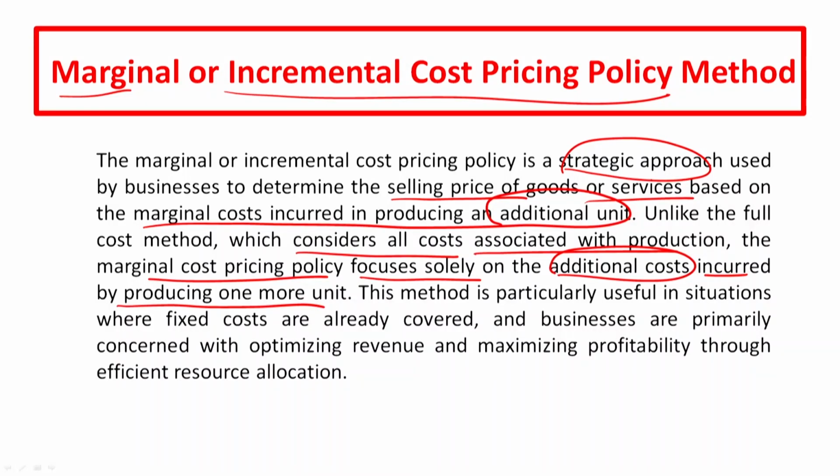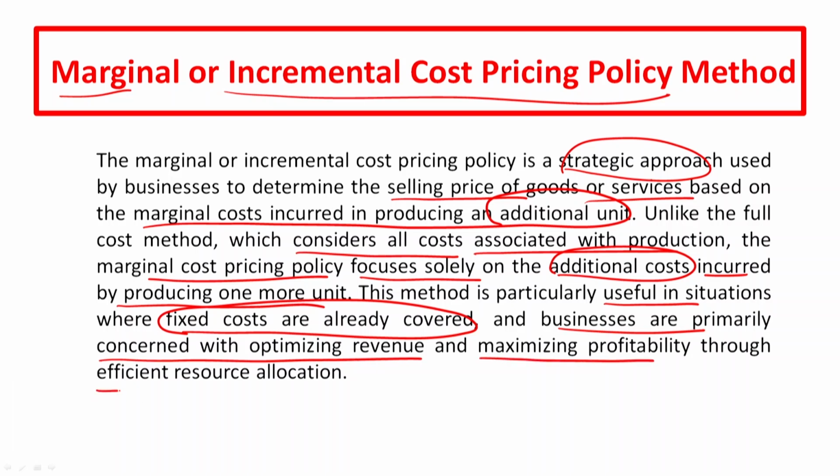This method is particularly useful in situations where fixed costs are already covered, which means we implement this marginal or incremental cost pricing policy in those situations or circumstances only where fixed costs have already been covered by the firm in the long run, and businesses are primarily concerned with optimizing revenue and maximizing profitability through efficient resource allocation, which means it can be applied mainly with the concept of optimizing revenue and increasing their profit through proper or effective utilization of the available resources.